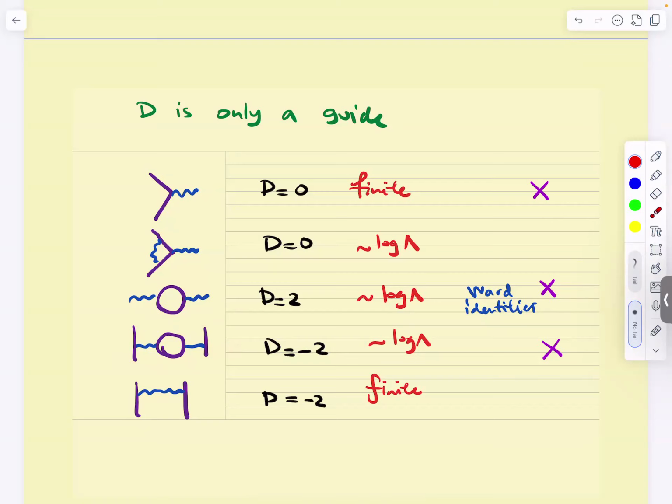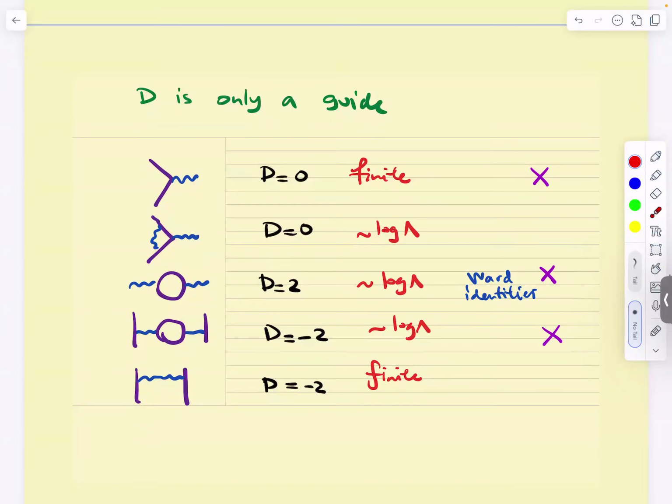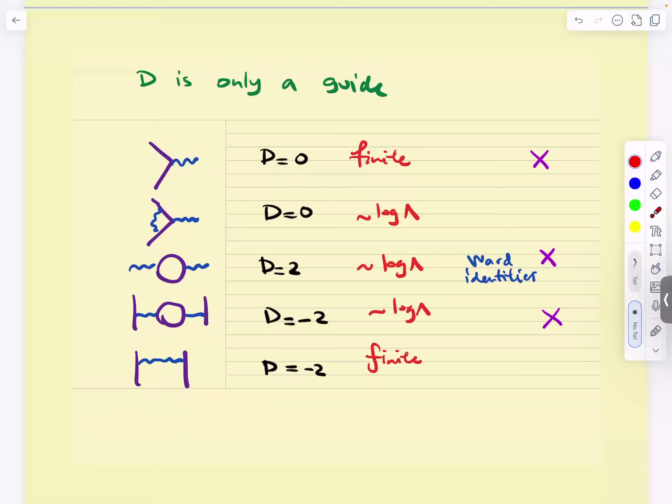But then there are diagrams with negative superficial degree of divergence that are actually indeed finite. So in summary, superficial degree of divergence is only a guide. We will actually use it as a guide to organize the perturbation series, and we will take care of these cases, these, I guess, surprising cases at first, in a systematic way.